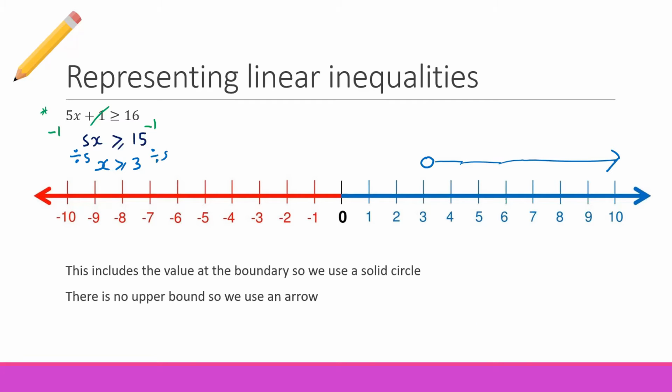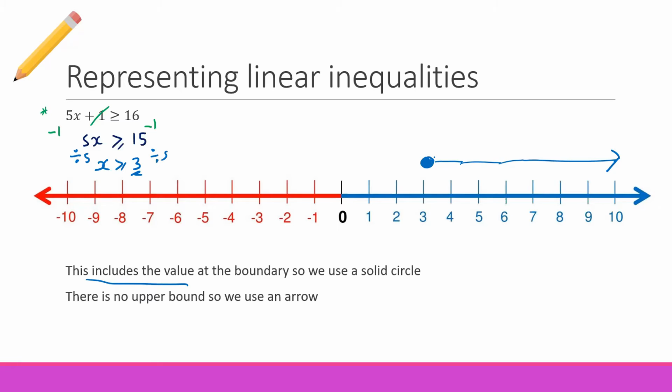There is only one more convention that we need to do. Because this includes the value, it includes 3, we are going to use a solid circle. If it didn't include the value, then we would use an open circle. And there is no upper bound, so I'm just going to draw an arrow going off to infinity. And that's how we can do it.